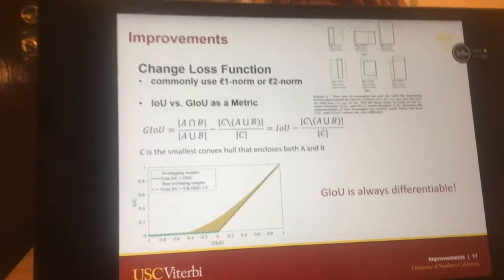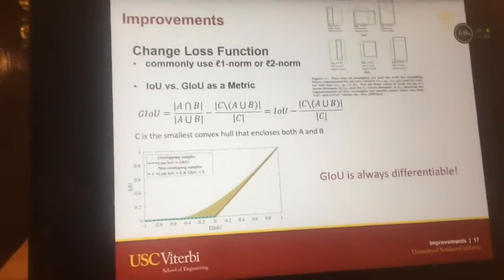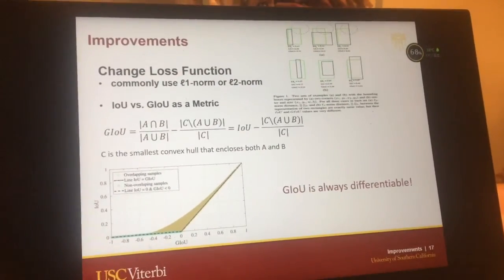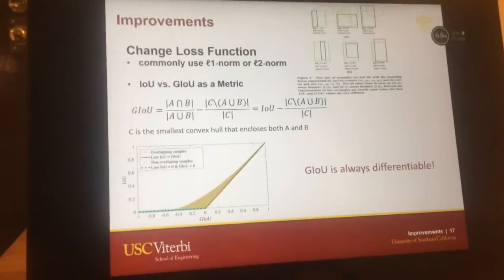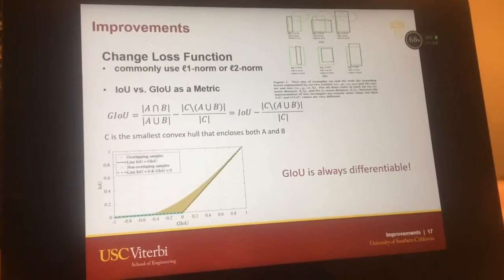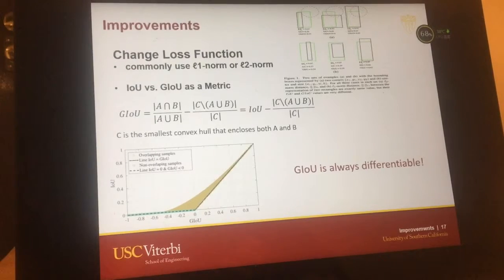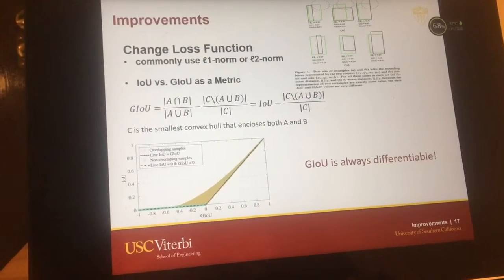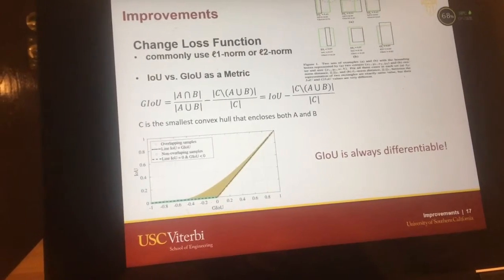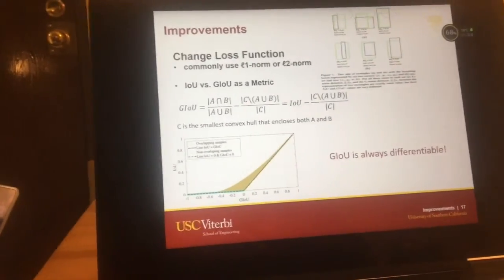GIOU is equal to IOU minus the quantity A union B minus A intersection B, over A union B, because sometimes the IOU cannot help us know the distance or the ways they are overlapped. So we can use GIOU to get a better perception of the distance and the ways of different overlaps. Now I can show you some differences between IOU and GIOU.